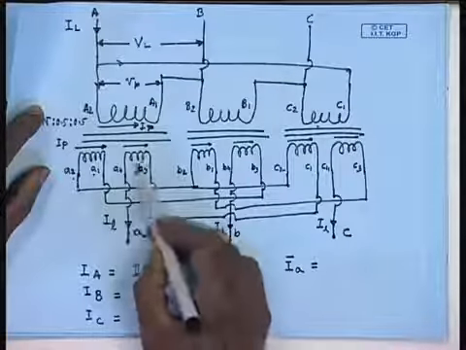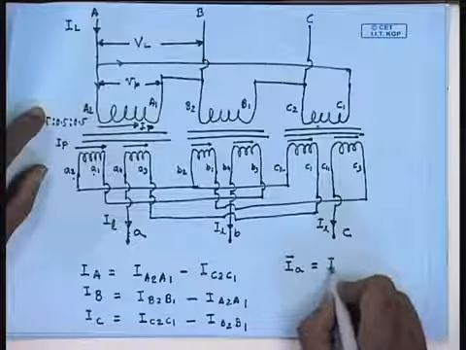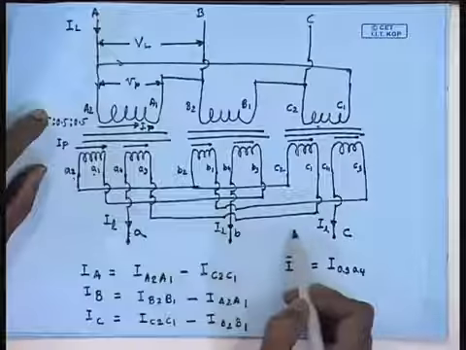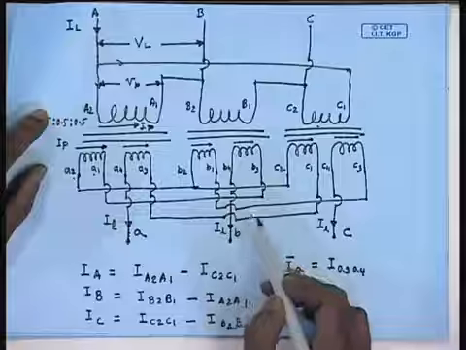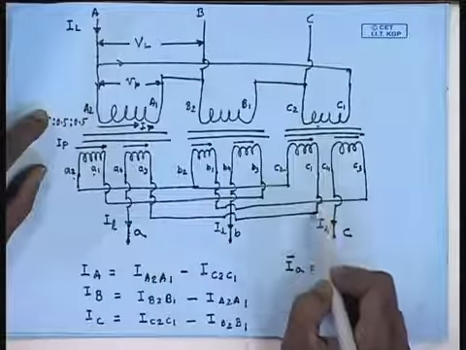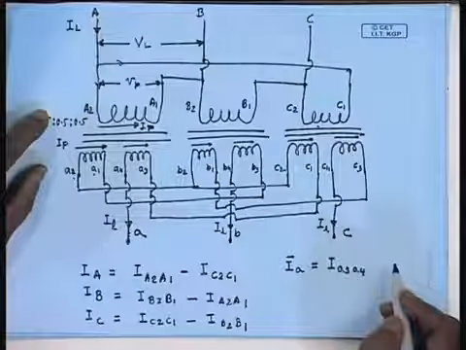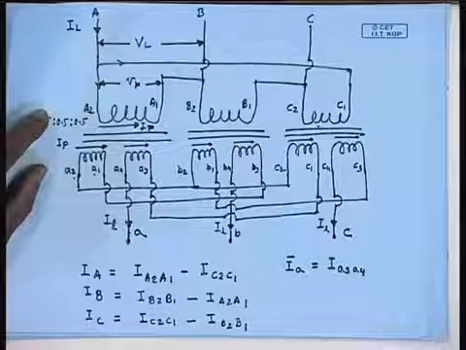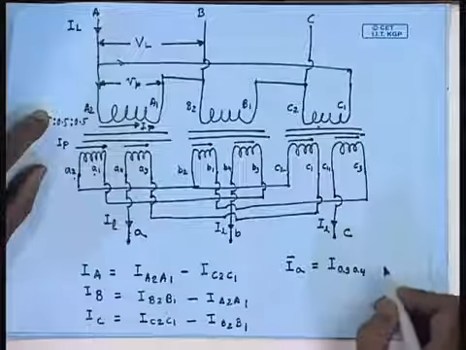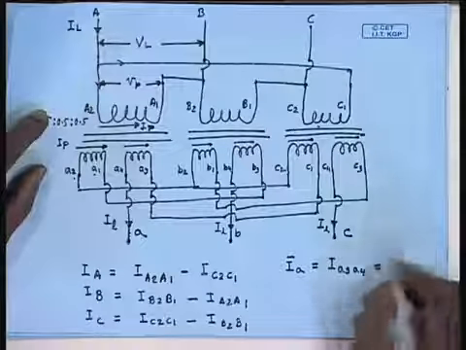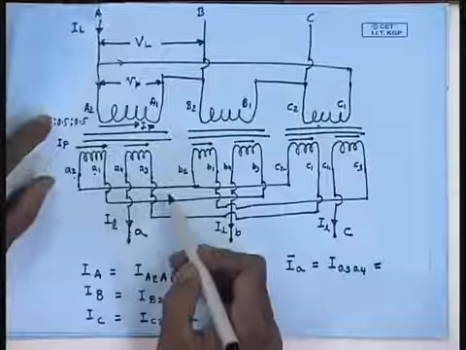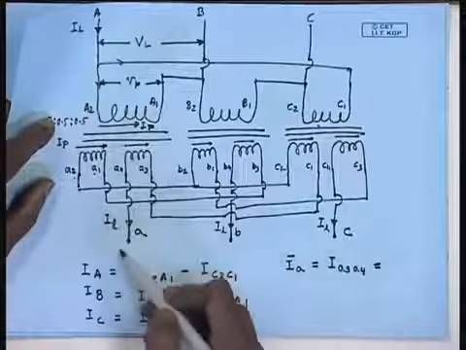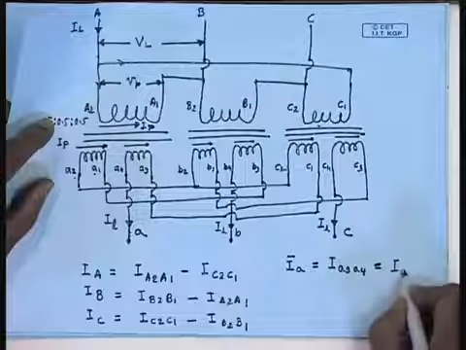The current I small a is basically I A3A4, which is same as current I C2C1.